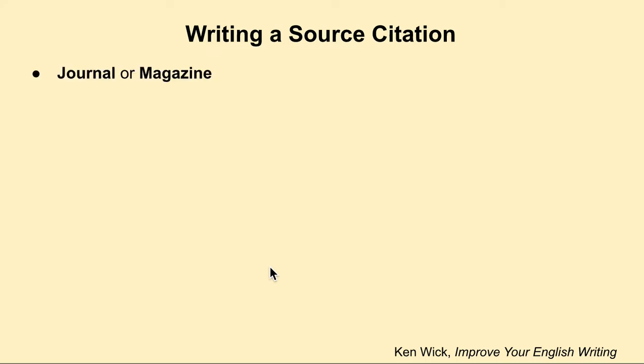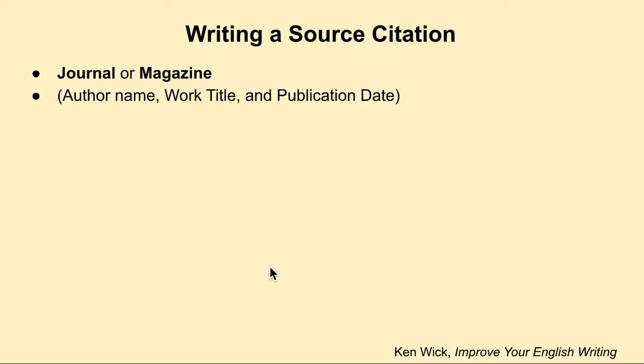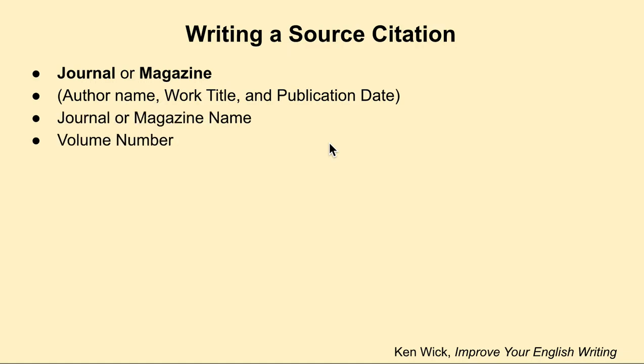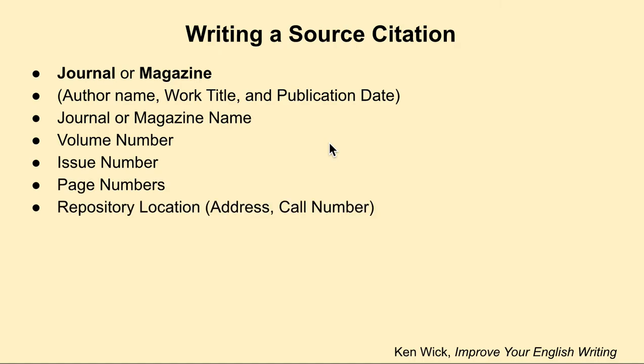What about for a journal and magazine? These are basically the same, if you don't know, or they have the same types of data. Once again, you're always recording the author's name, work title, and publication date, but the specific publication details that apply to a journal or magazine are the journal or magazine name, the volume number, the issue number, the page numbers, repository information.